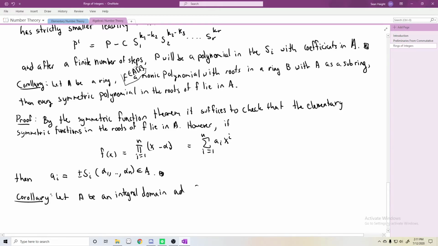And I'm going to let, let's say, omega be an algebraically closed field containing A.